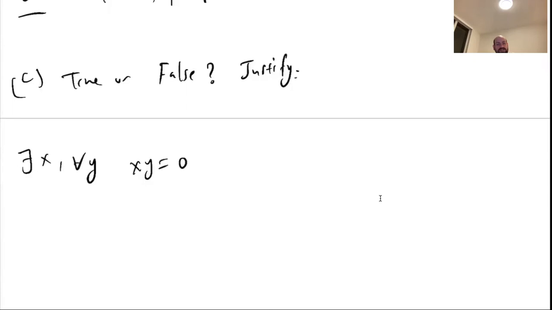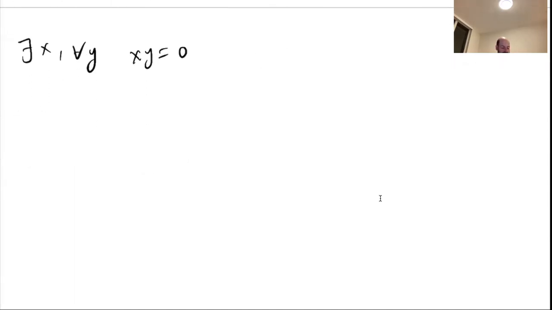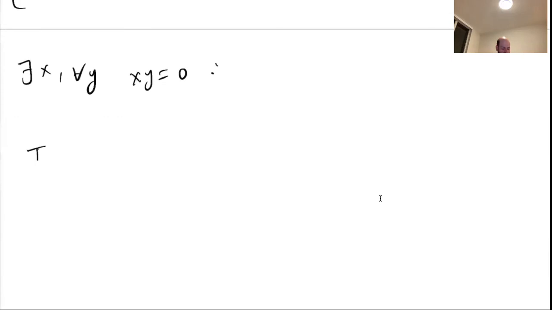But what about 0? If I set x to be 0, can I say that 0 times y is equal to 0 for every y? Yes, that's true. For every y, 0 times anything is 0. So this one is true. You can say take x equals 0.